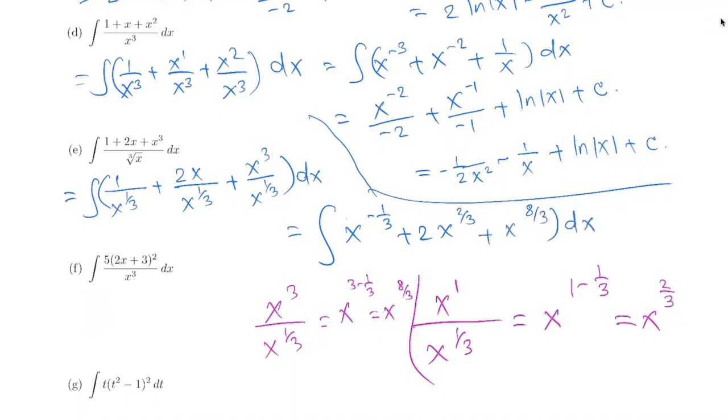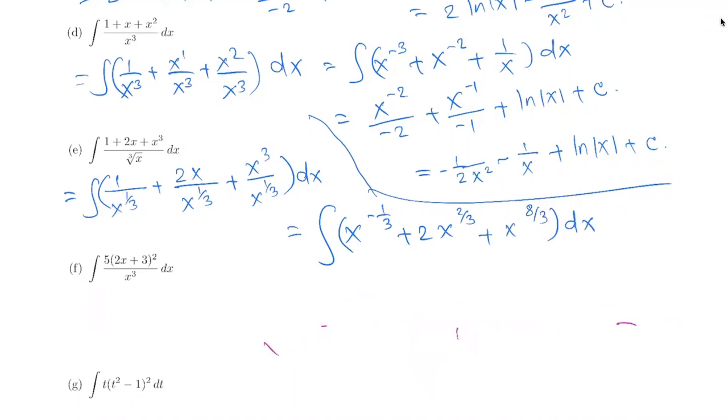And now once you do this algebra, the next step is all power rule in each term. All you have to do is the power rule of integration. So this is x^n, so x^(n+1): negative 1/3 plus 1, that's positive 2/3, divided by the same thing, plus 2 times x raised to 2/3 plus 1, 5/3, divided by 5/3, plus x raised to 8/3 plus 1.